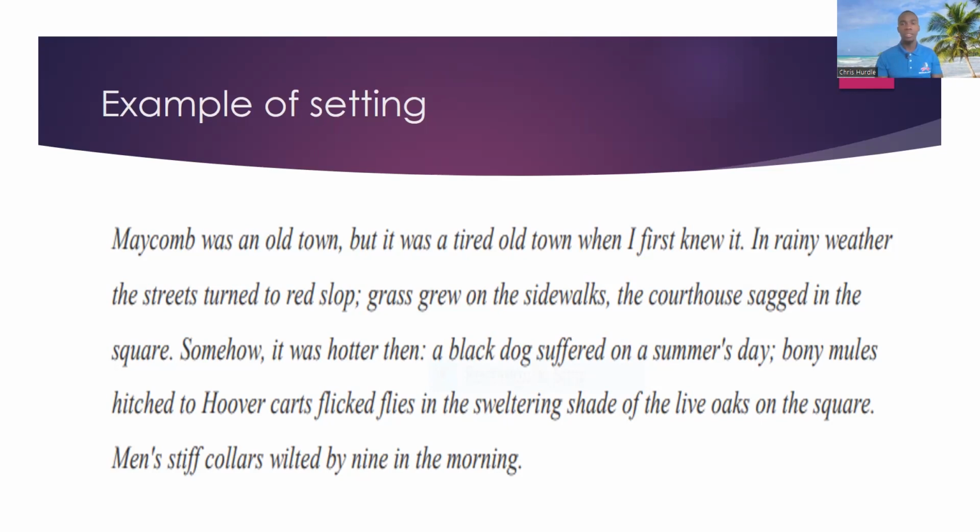So when it comes to setting, it is important that we use imagery so that we can give our readers as realistic an image as possible of the setting of the story, right? And this is a brilliant example of that.